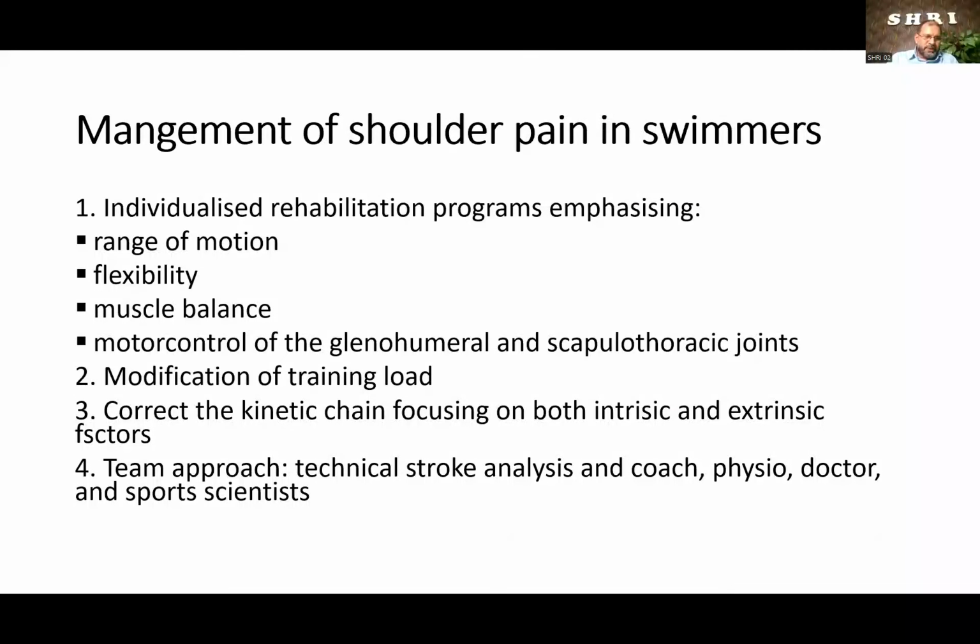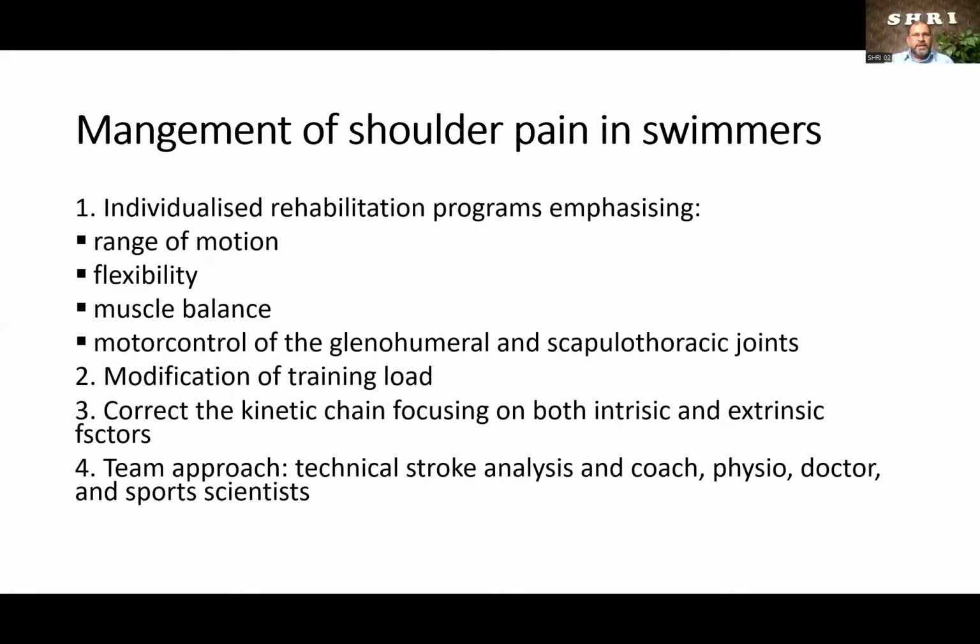So these are the management principles of shoulder pain in swimmers. Always it is an individualized rehabilitation program, emphasizing that we have to regain the previous range of motion, and we have to have flexibility of the muscles and joints, muscle balance, and motor control of the glenohumeral and, at the same time, scapulothoracic joints.